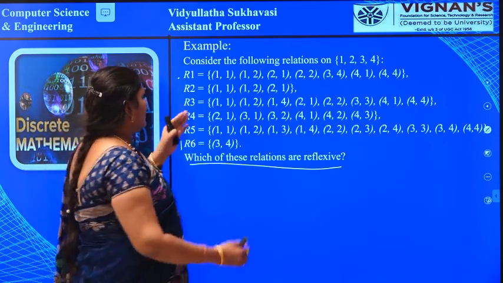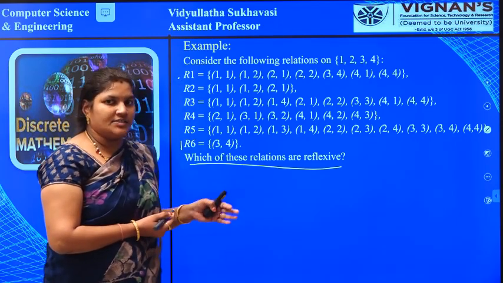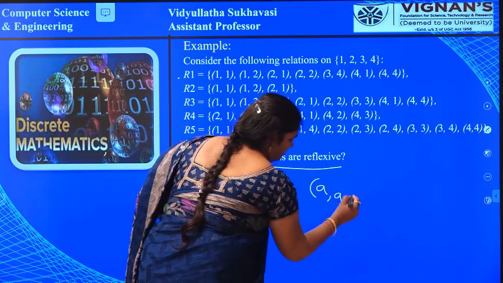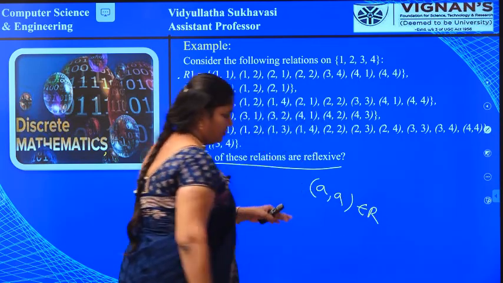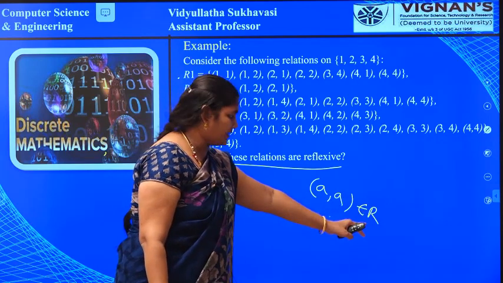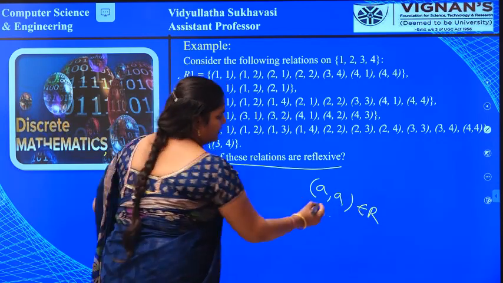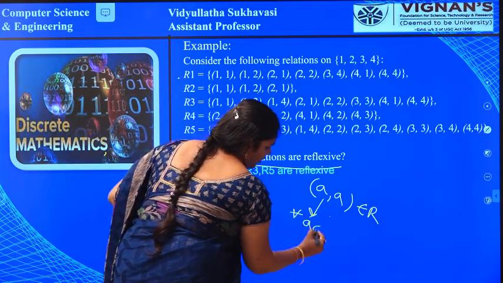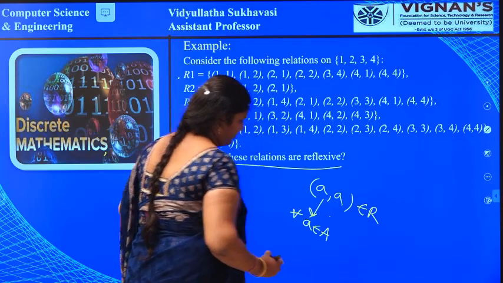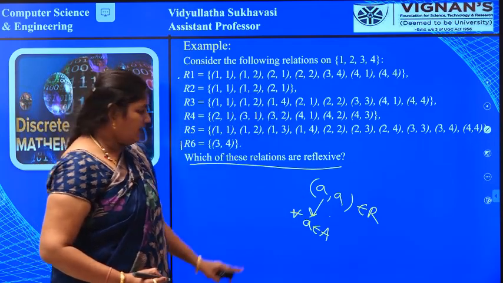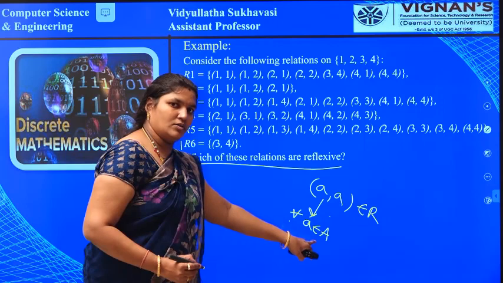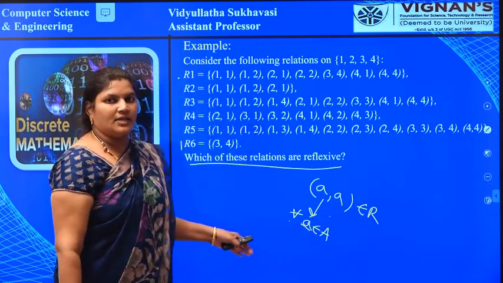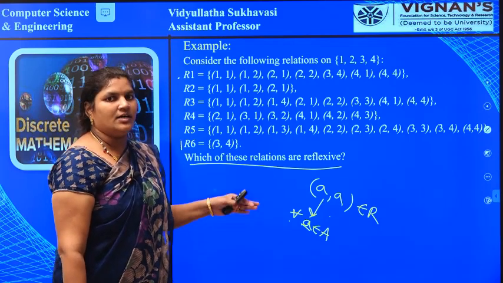Reflexive means the condition we need to check is a comma a belongs to relation R, for all a belonging to capital A. That means every element in A should be there in the relation R as a pair. Then only we can say that it is reflexive.